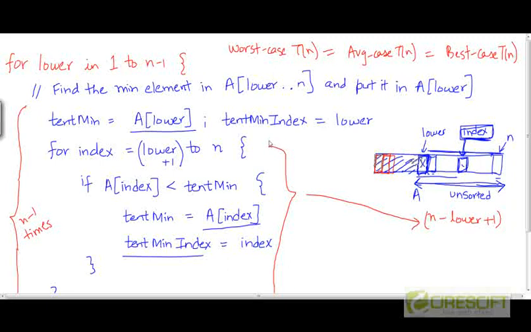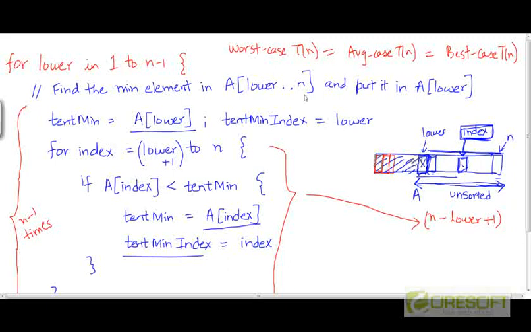In case of insertion sort, if you recall, there was that variable t sub j which depended on the value of a of j, because the number of times you would need to shift elements to the right in insertion sort would depend on how many elements there were that were greater than a of j.